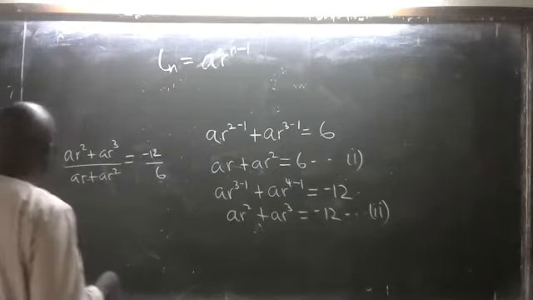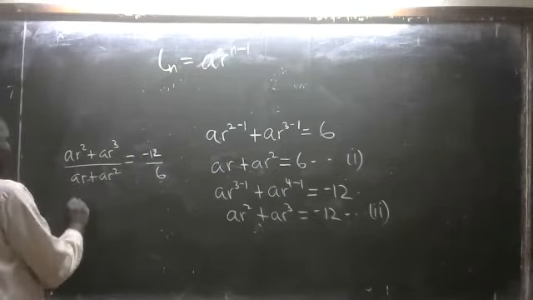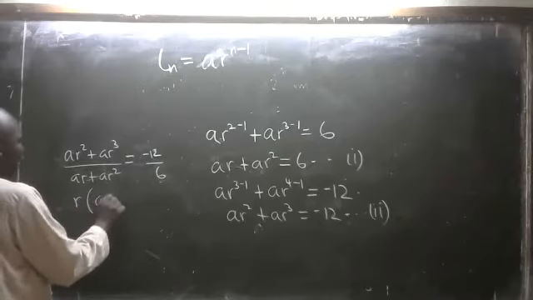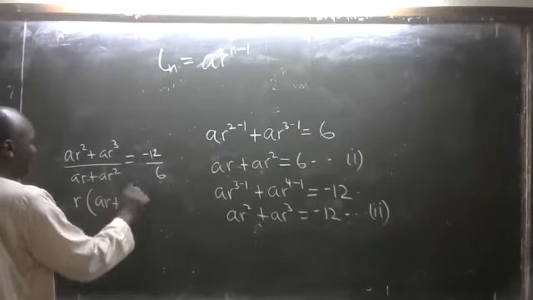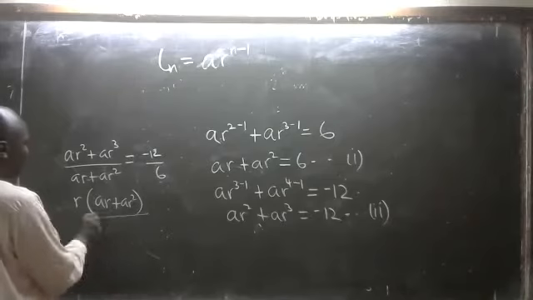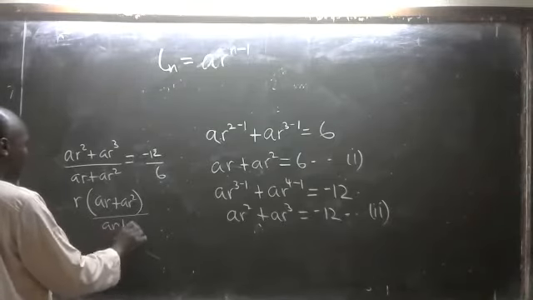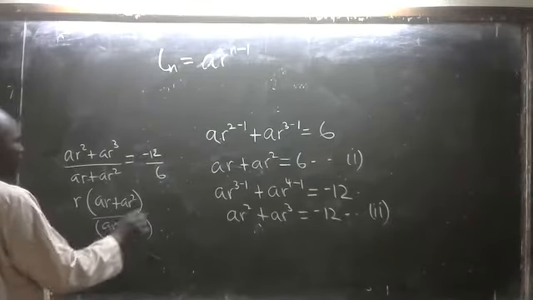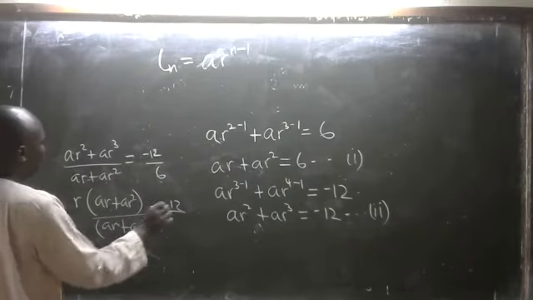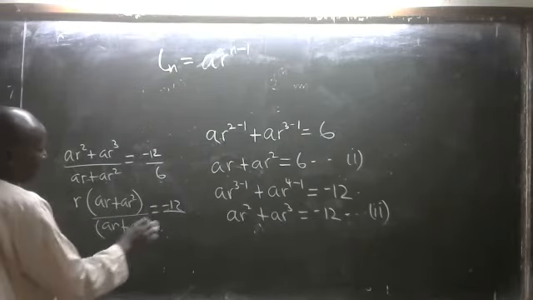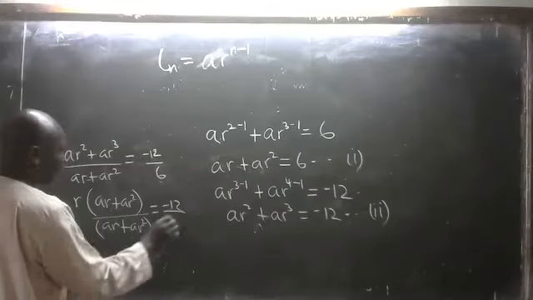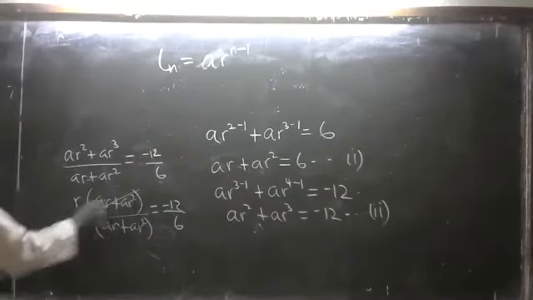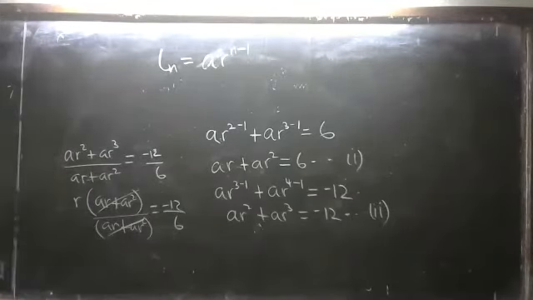You can pull out R here and have AR plus AR squared over AR plus AR squared. Here you must be creative. If you are not, then you have to eliminate A and create a wrong equation and suffer with it. But if you are good, this one will go. You know how to handle it.